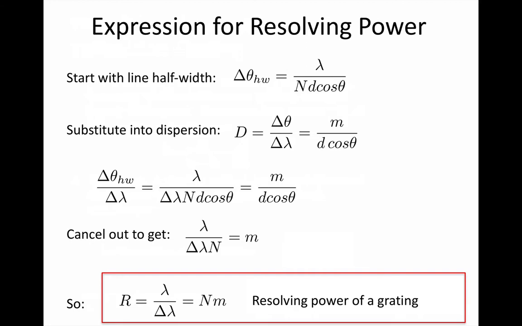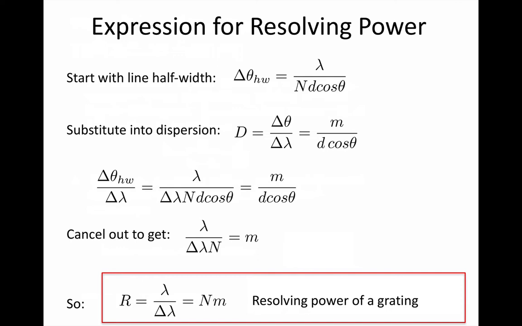And we want to substitute that angle into the dispersion equation, which is delta theta over delta lambda equals m over d cos theta. So substituting in the half-width angle, we get lambda over delta lambda N d cos theta equals m over d cos theta.